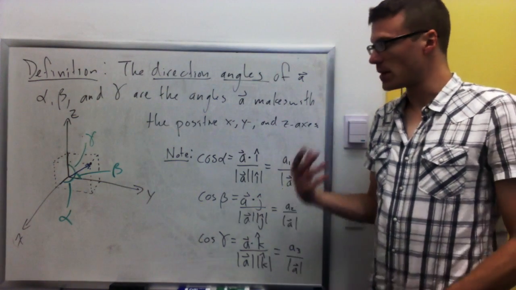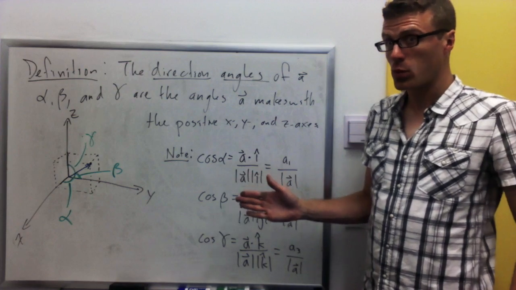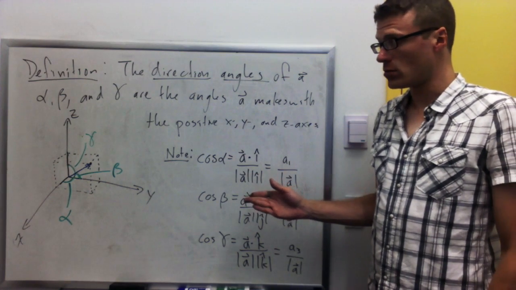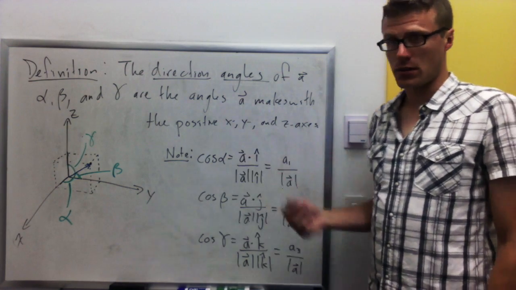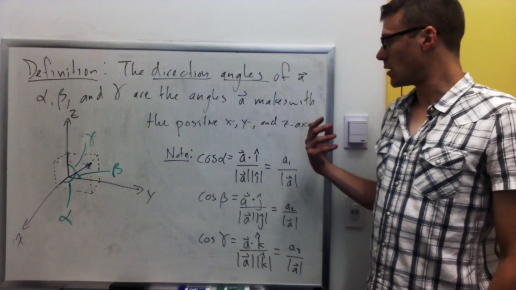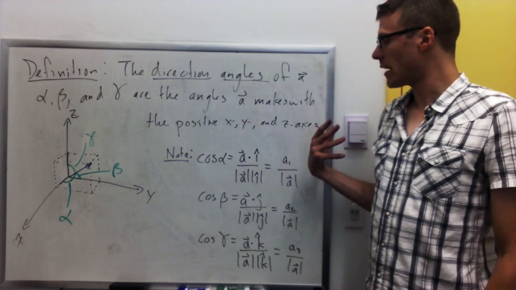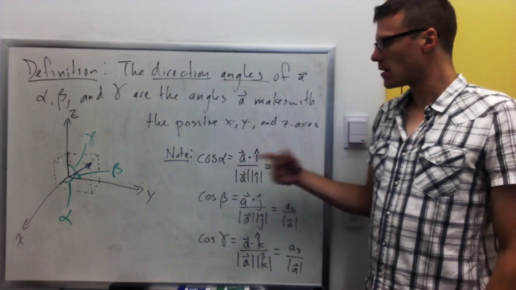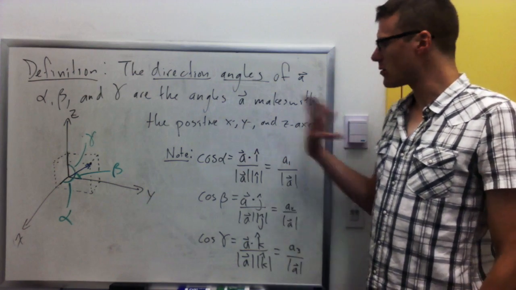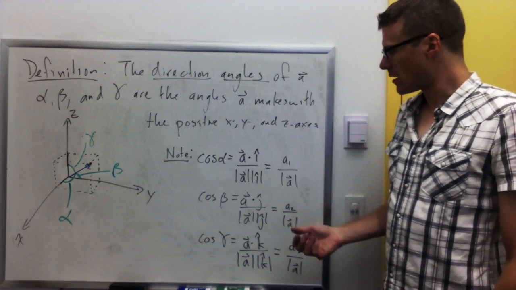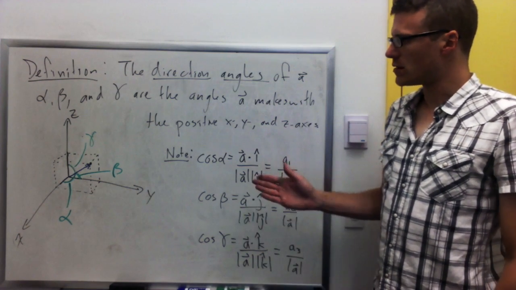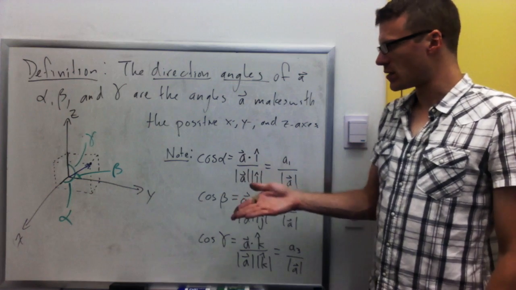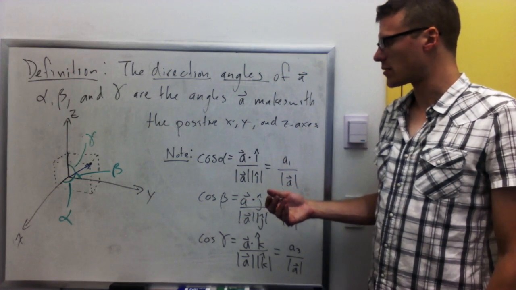And the dot product, because it gives us the angles between any two vectors, will immediately give us these angles when we take the dot product of A with the standard basis vectors. So let me run through the argument for the standard basis vector i, which is the vector in the x direction.